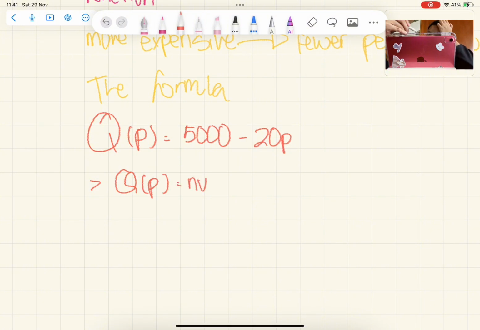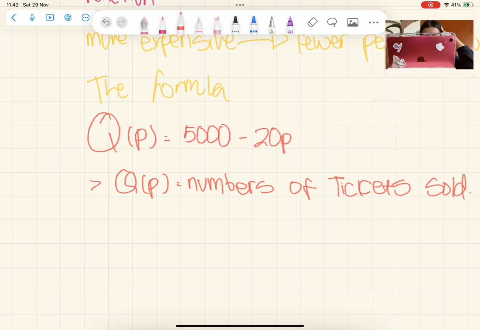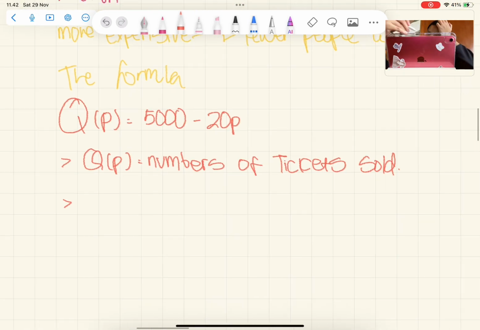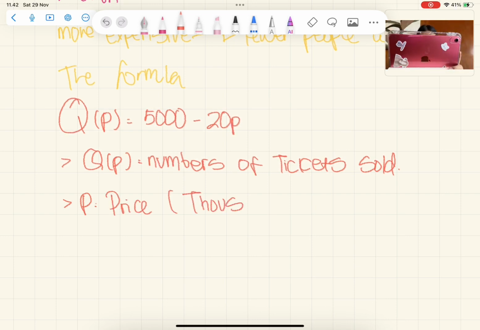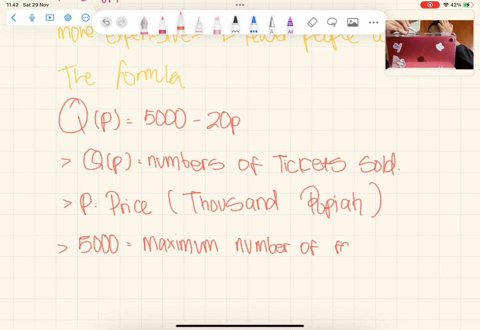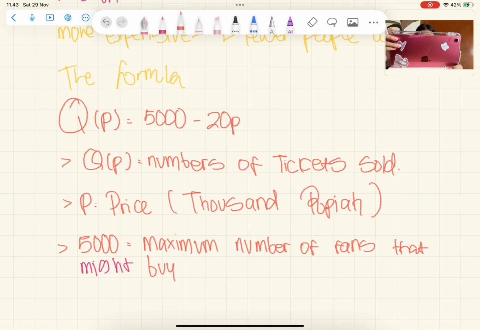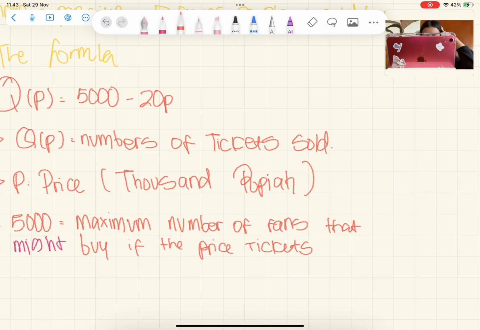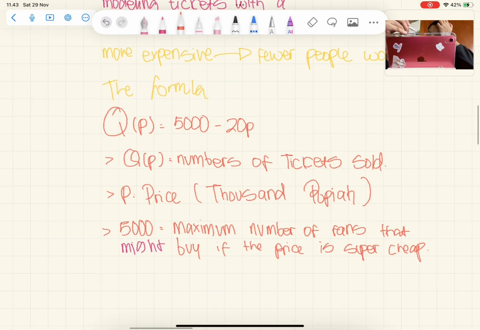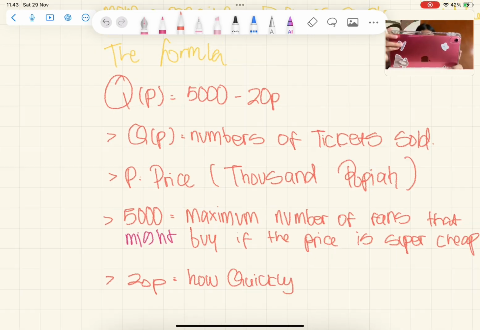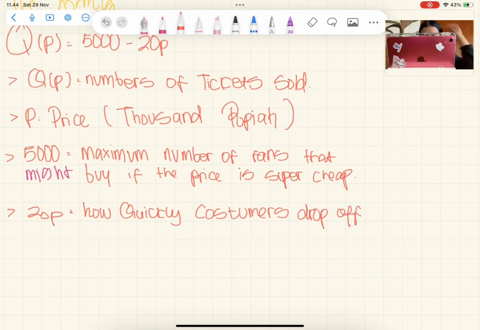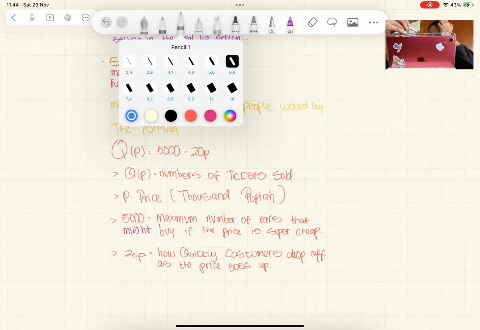Q(p) means the number of tickets sold, and p means the price, which in this context is in 1,000 rupiah. 5,000 means the maximum number of fans that might buy if the price is super cheap, and 20p means how quickly customers drop off as the price goes up. To simplify, if ticket prices get too high, people usually run.